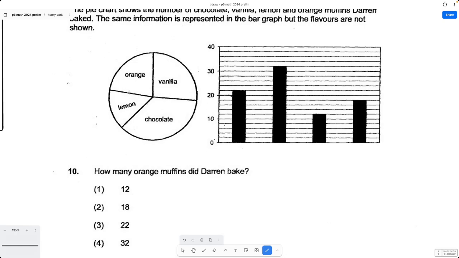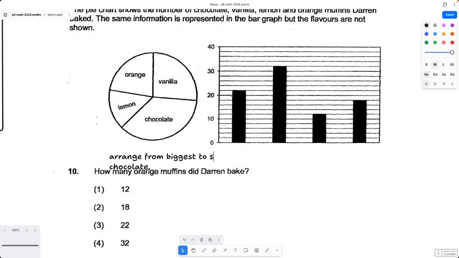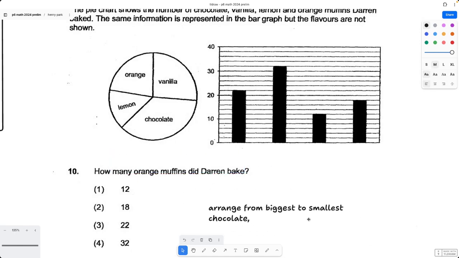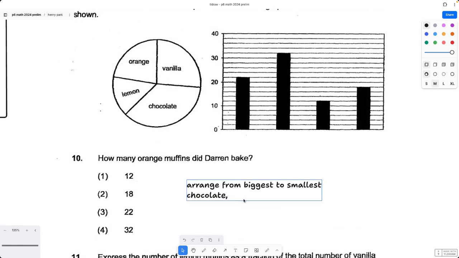So we're going to order them first on which one is bigger and which one is smaller. In this case, we know that chocolate is biggest. Let me just put it. Arrange from biggest to smallest: chocolate is the biggest, and after that, we know the smallest is lemon.